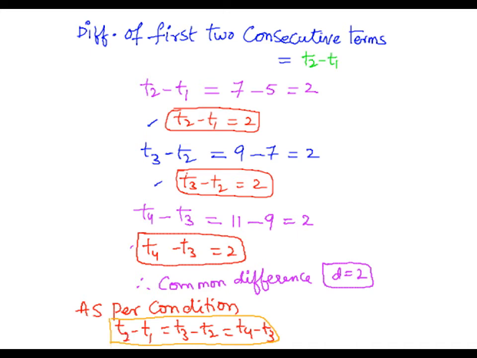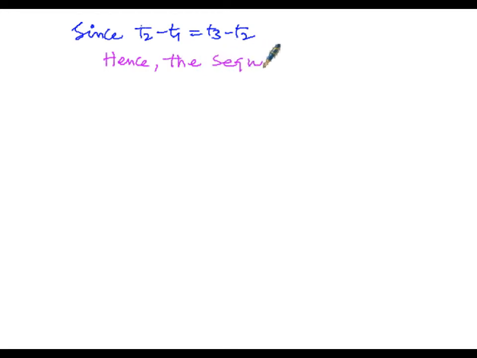So here the sequence is in arithmetic progression. Since T2 minus T1 is equal to T3 minus T2, hence the sequence 5, 7, 9, 11 and so on up to an infinite number of terms is in arithmetic progression.